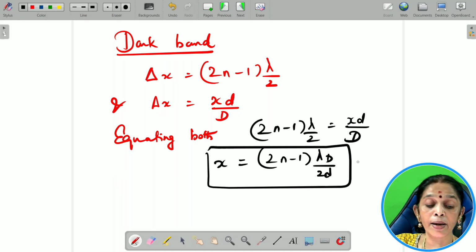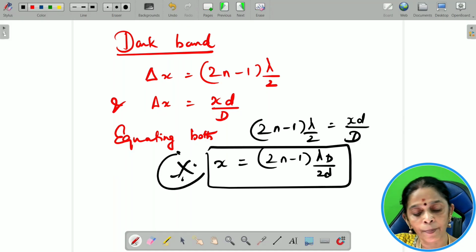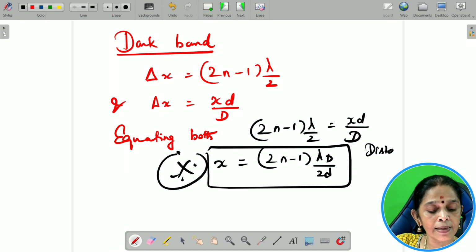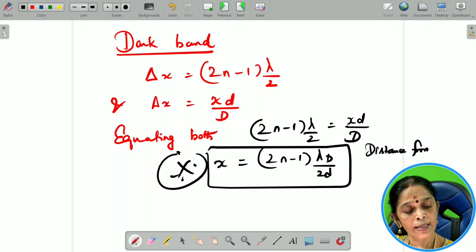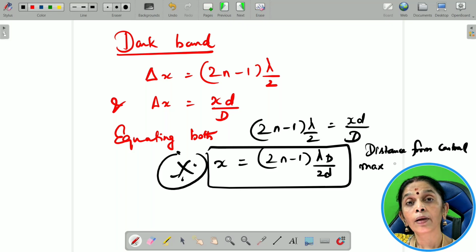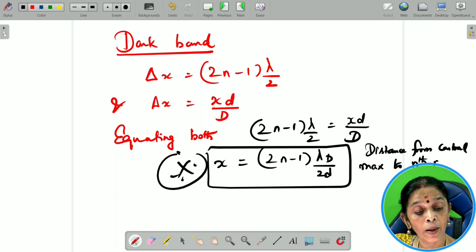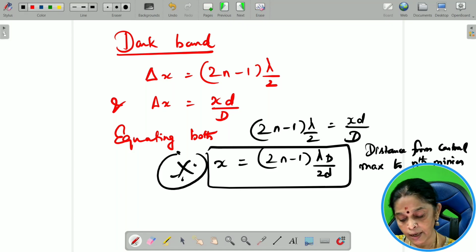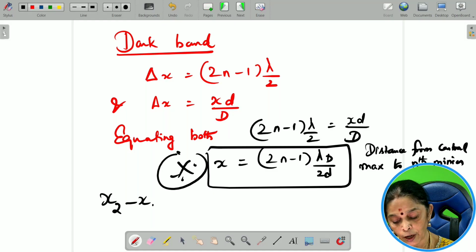This is a very important equation: the distance from the central maxima to the nth minima.